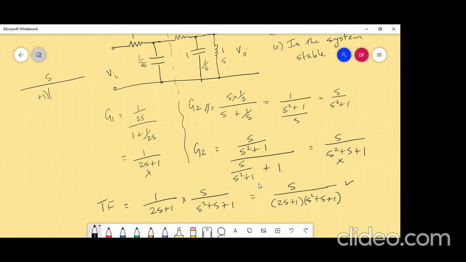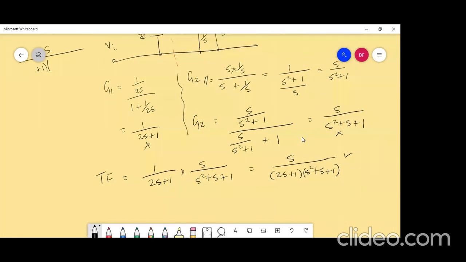Next question I must ask: is the system stable? So we're going to say 2s plus 1 times s squared plus s plus 1 is equal to 0.